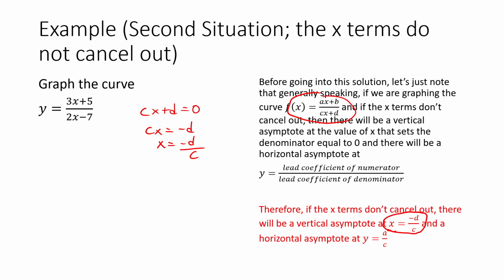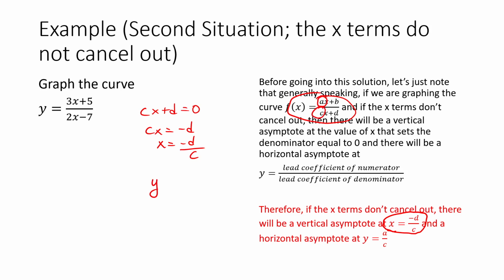And then, of course, since we still have x's in the denominator, and we've got the same degree in the numerator and the denominator, that means that we're going to have a horizontal asymptote at y equals lead coefficient over lead coefficient. Well, the lead coefficient of the numerator is a, and the lead coefficient of the denominator is c.